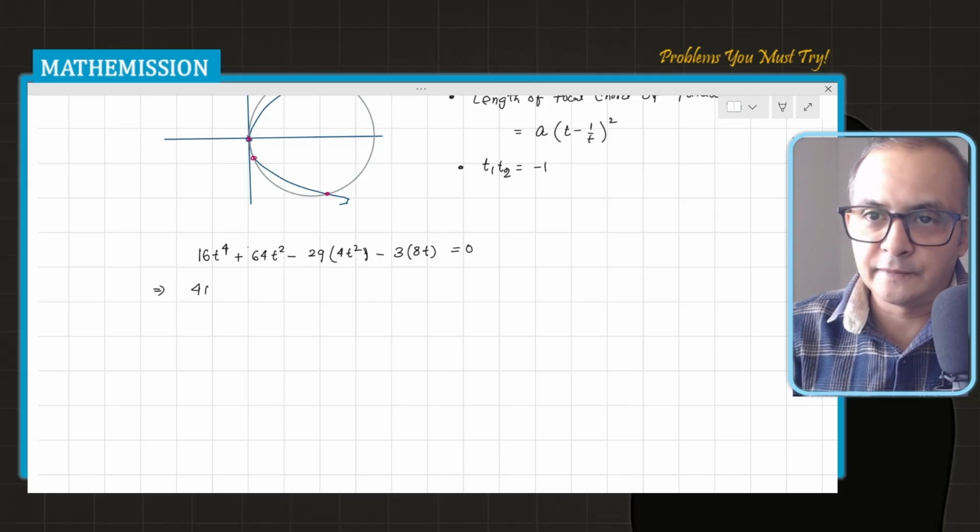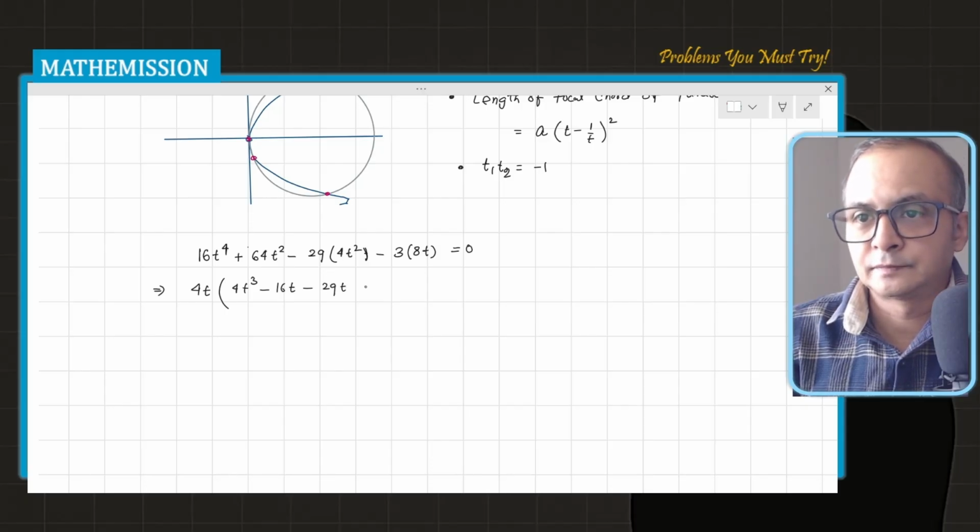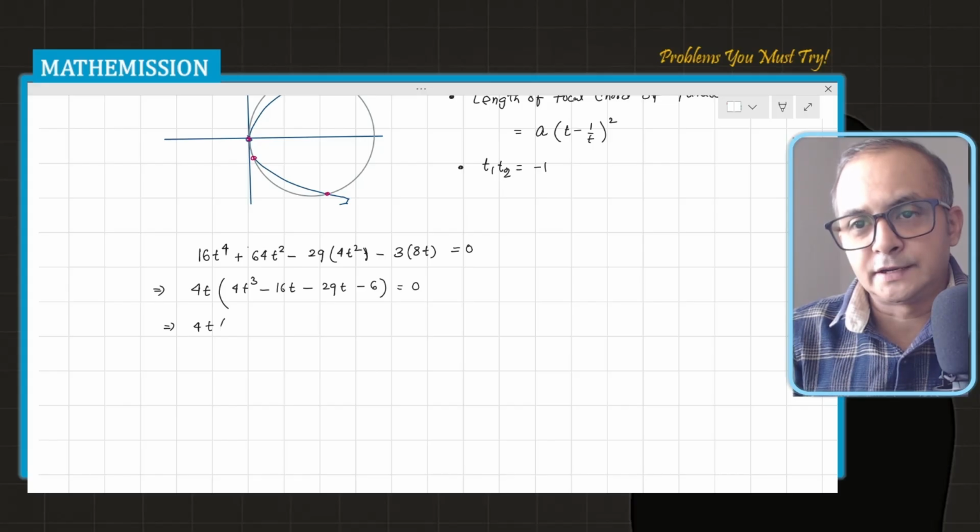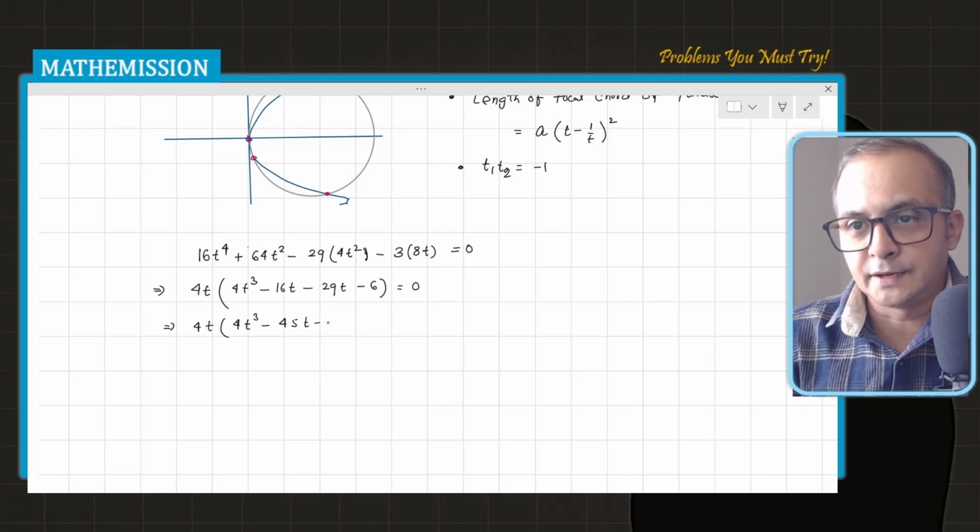It will give you 4t cubed minus 45t minus 6 is equal to 0. It means what we get here is 4t times (4t cubed minus 45t minus 6).